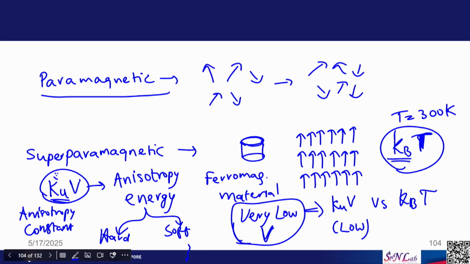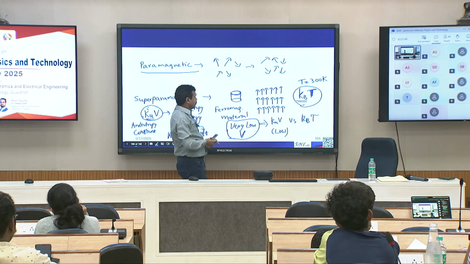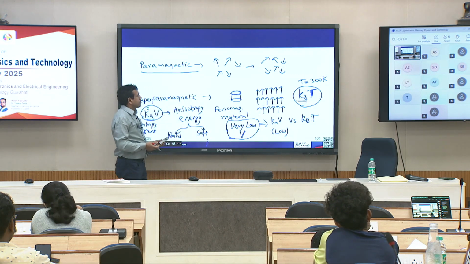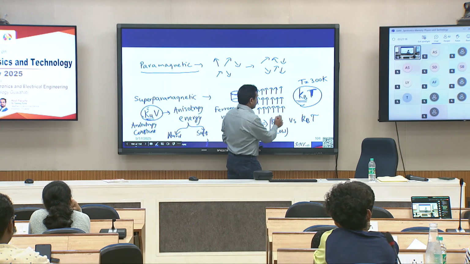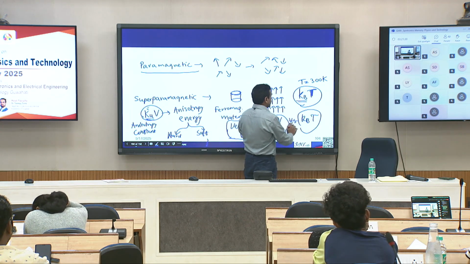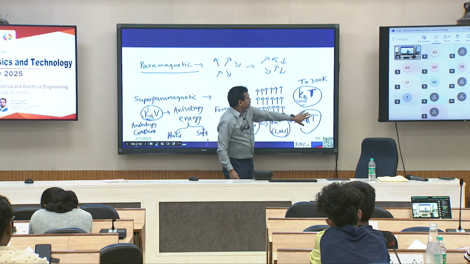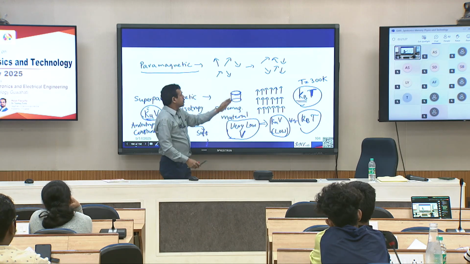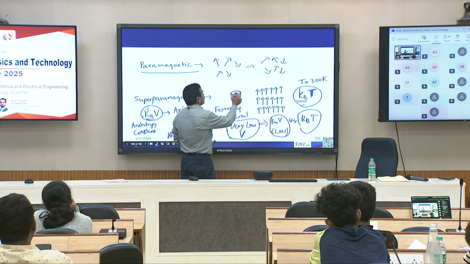Okay, so in the case of paramagnetic materials, thermal energy is the one that makes the magnetization of the individual atoms fluctuate randomly. So, a similar thing can happen here. When these two values get closer to each other, the thermal energy may cause the magnetization of this particle to fluctuate randomly. Let us say this is the magnetization of this particle.